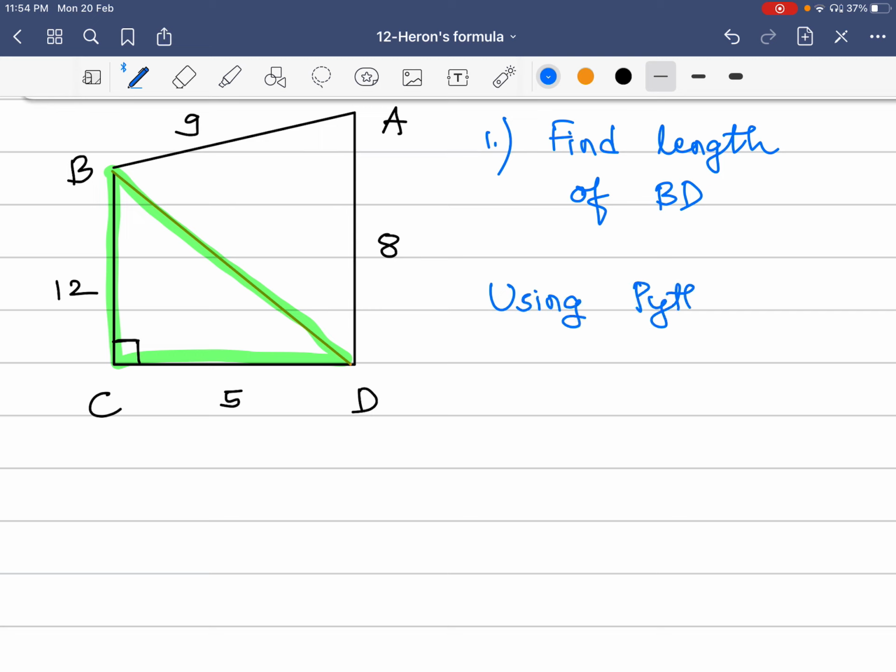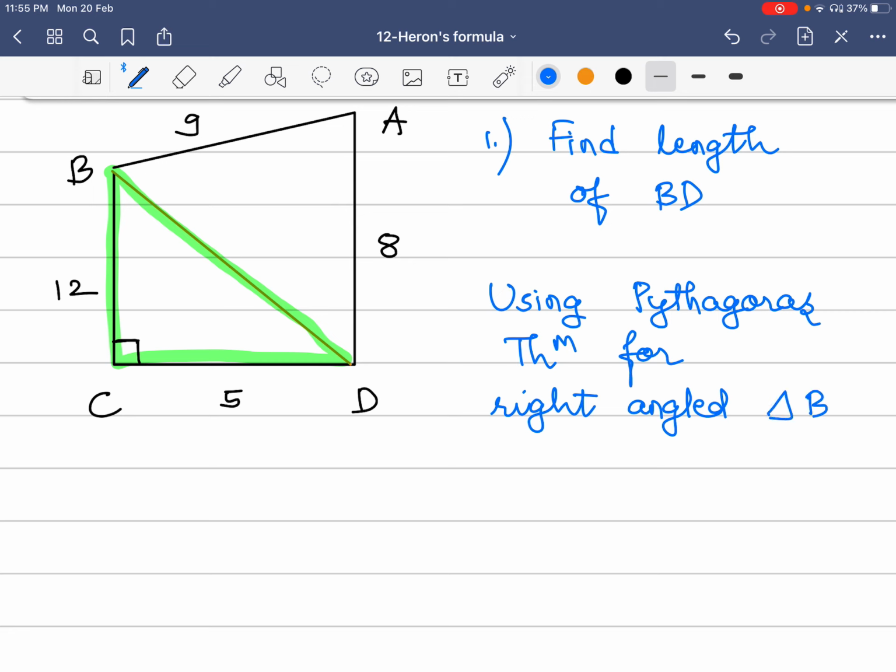Using Pythagoras theorem for right angled triangle BCD, what is the Pythagoras theorem? It will be BD square is equal to BC square plus CD square. Basically hypotenuse square is equal to the summation of the other two sides' squares. And what is hypotenuse? Hypotenuse is the side which is opposite to the right angle.